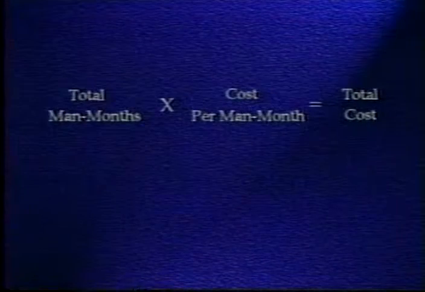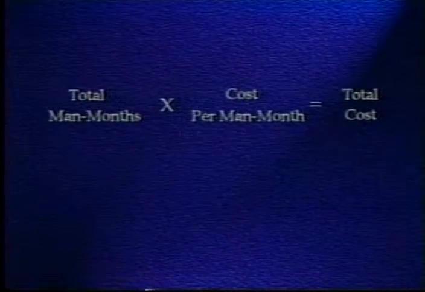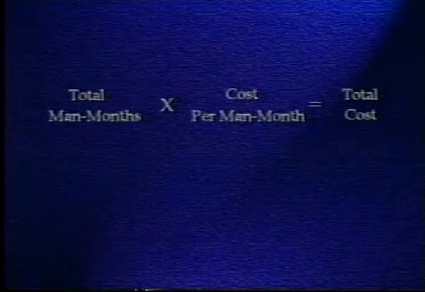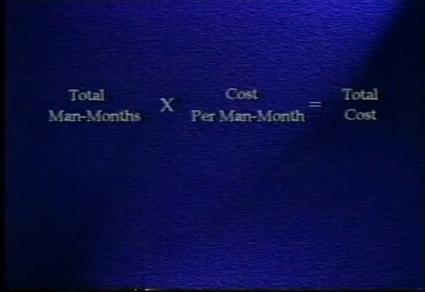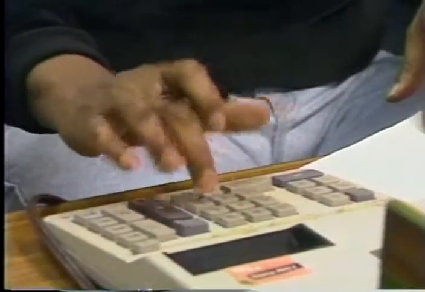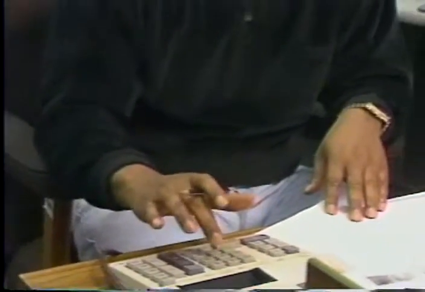Total man-months times cost per man-month equals total cost. Computations should be made for each applicable contract and should be totaled to determine the required budget. The budgeting procedures are designed for manual computation, but can also be done by computer.